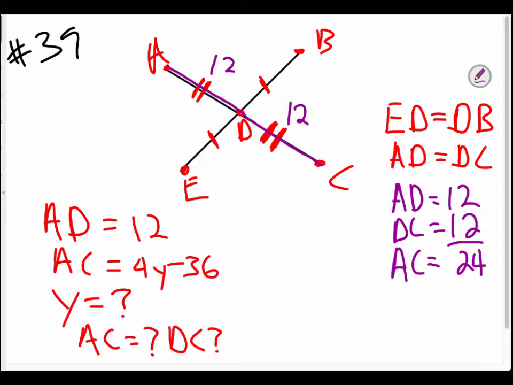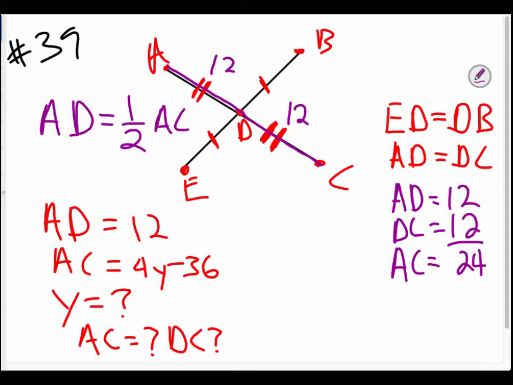We think that AC is equal to 24, and we're asked to solve for y. Another way we could do this, we kind of cheated. Another way is we could say that AD is equal to 1/2 times the length of AC, right? Could we say that? Yeah.